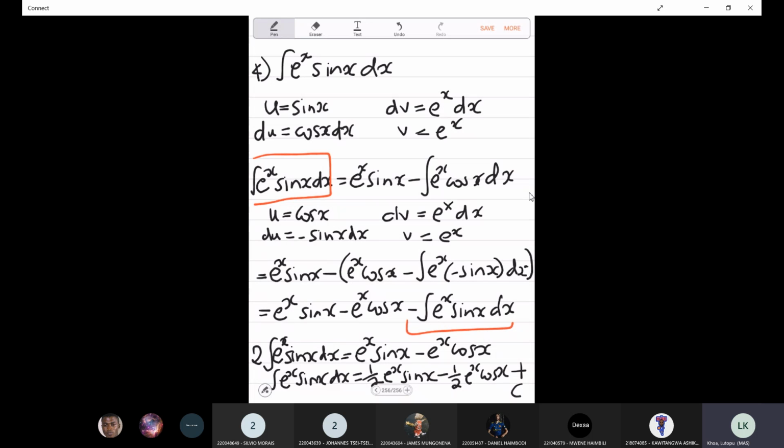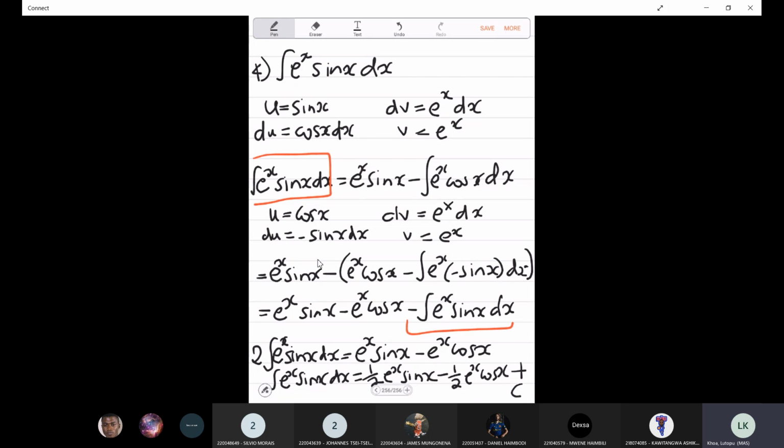Okay, so you will get integrals like this, which seemingly go in a loop. It's like they will never end. And with those ones, you should get to a point where what you have here, the negative of that, is the same as what you have on the right-hand side. So you collect those integrals on one side and then divide by whatever coefficient you have there.